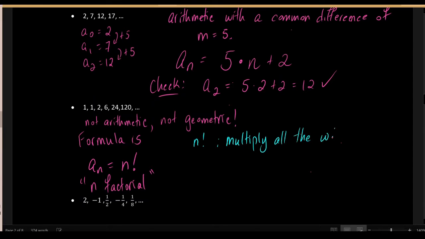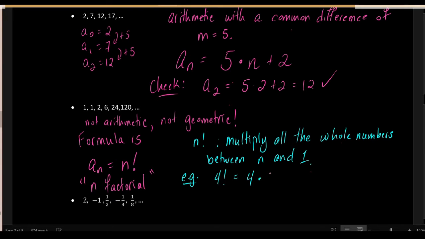Multiply together all the whole numbers between n and 1. For example, if I wanted to calculate 4 factorial, then I would take 4, and now I would begin to count down. 4, 3, 2, 1, and I would take all of those numbers and multiply them together.